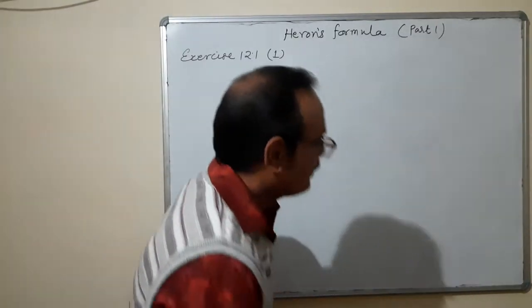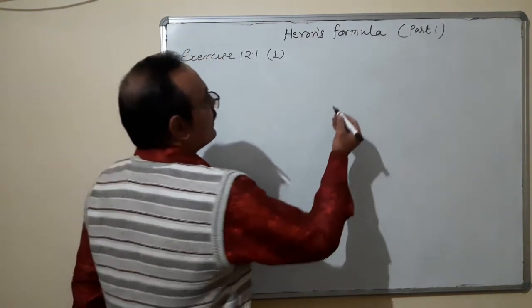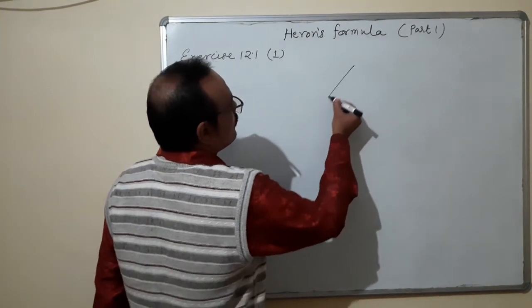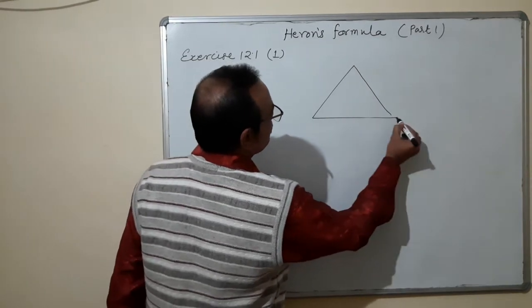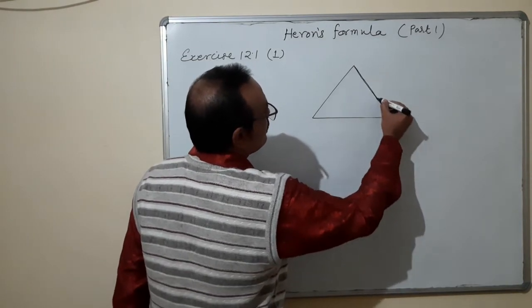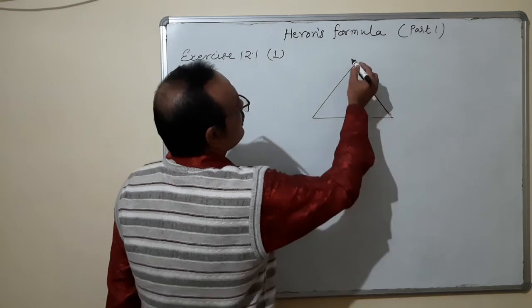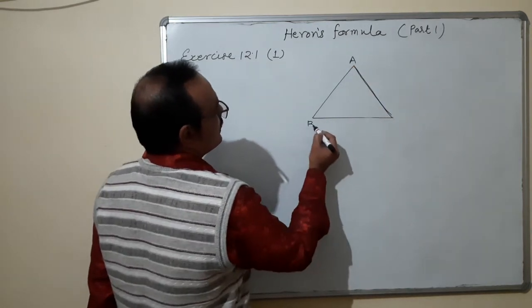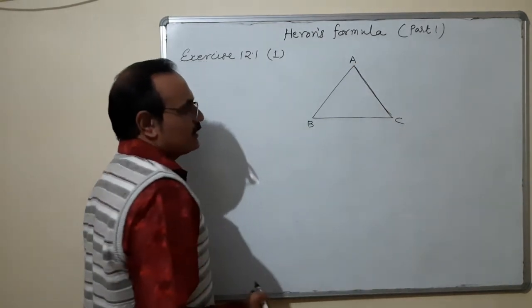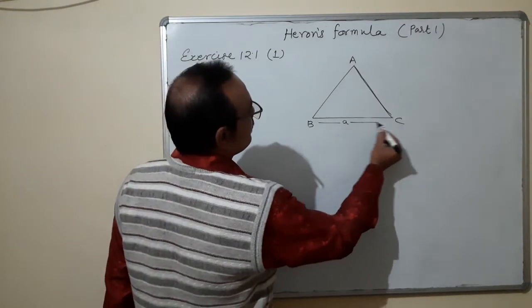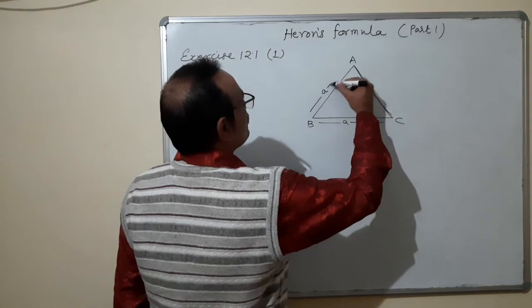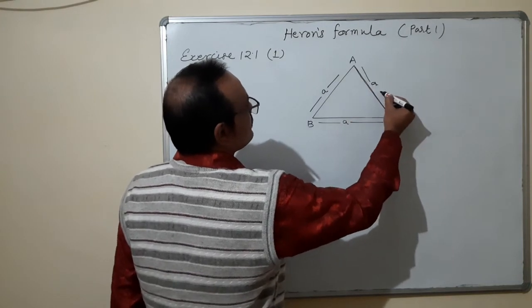Okay. So there is an equilateral triangular board. A, B, C. In the question it is given that the side of it is a. Since it is equilateral, all sides are equal to a.